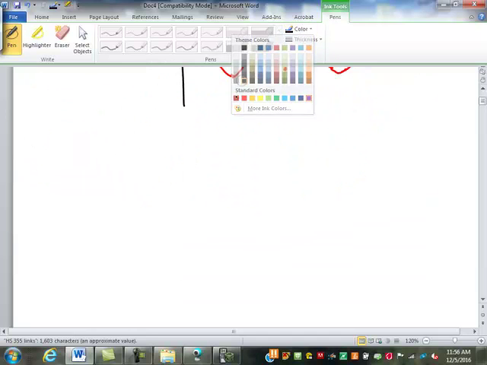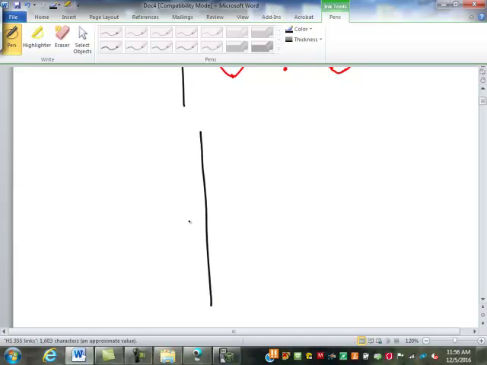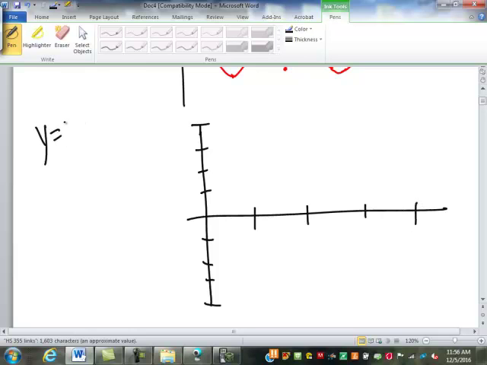So we can have y equals 2 sine 3 theta minus 2.